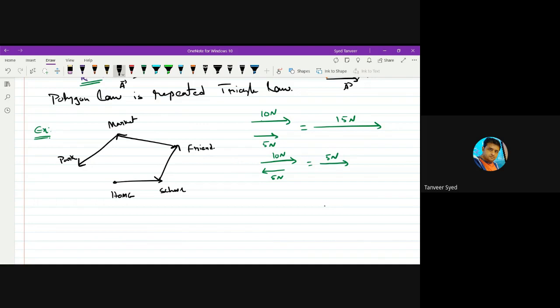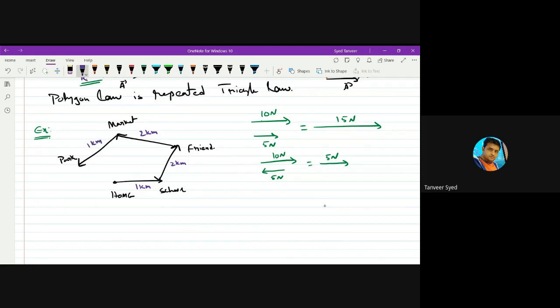Now, how far away are you from your home? Let us say from home to school is 1 kilometer. From school to your friend's house, it is 2 kilometers. From your friend's home to the market, it is 2 kilometers. From the market to the park, it is 1 kilometer.